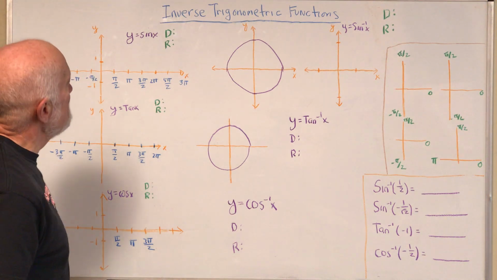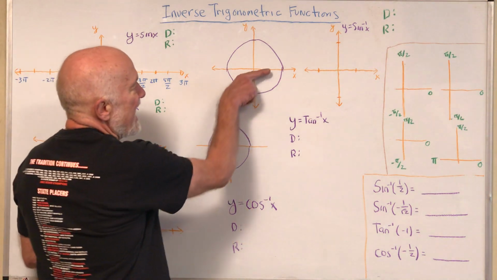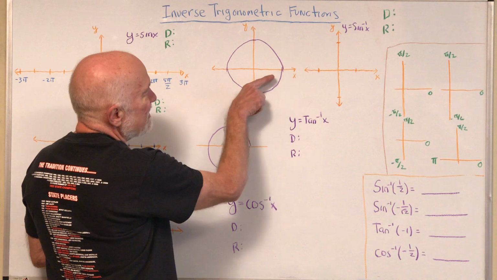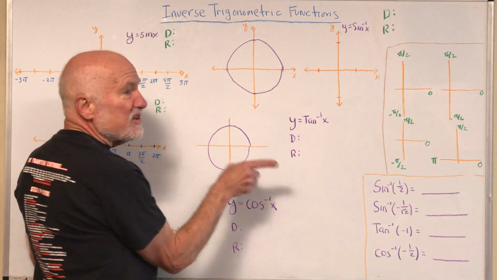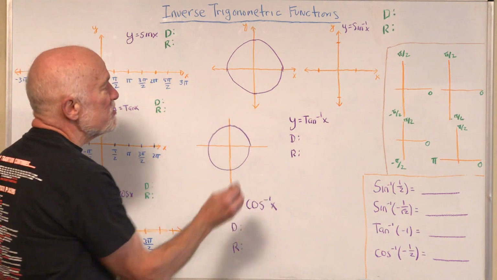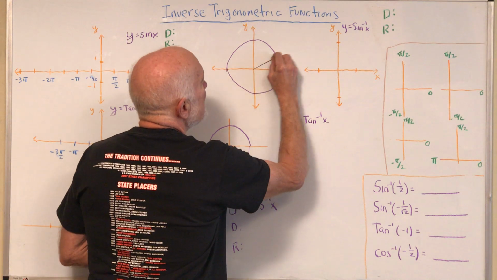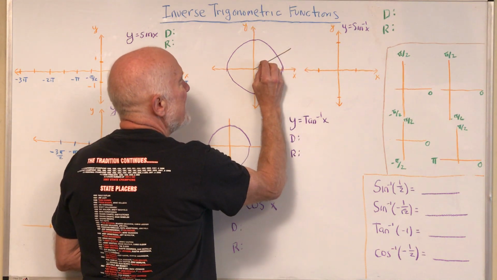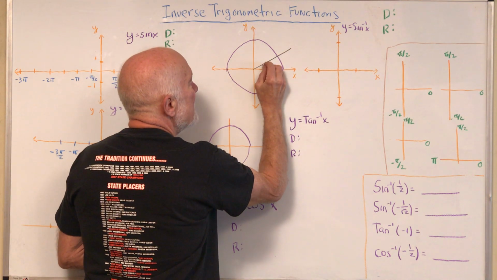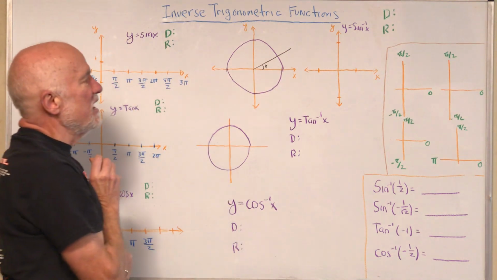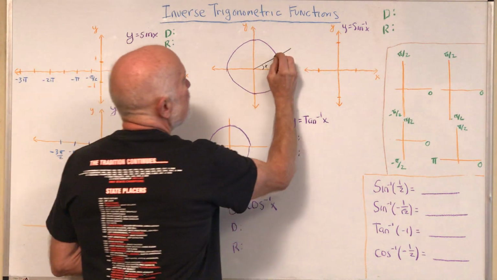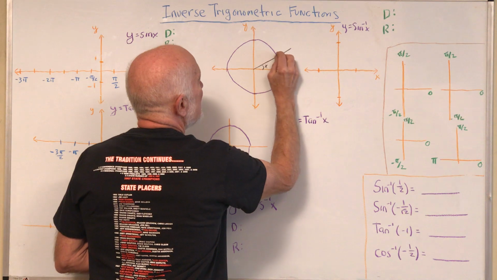So we're going to measure our angle, and the angle is measured from the positive x-axis in the counterclockwise direction. So this would be an angle x right there, and that forms a right triangle.